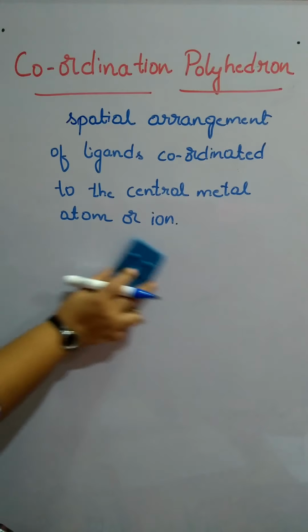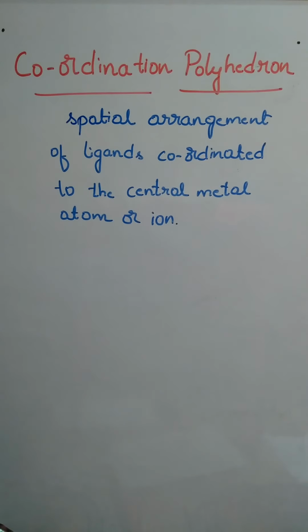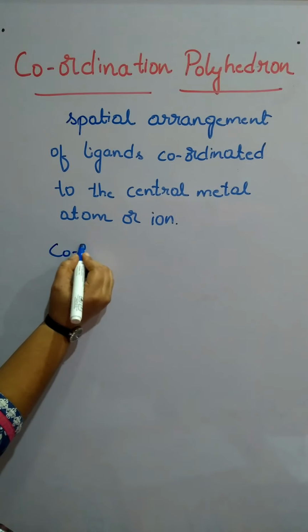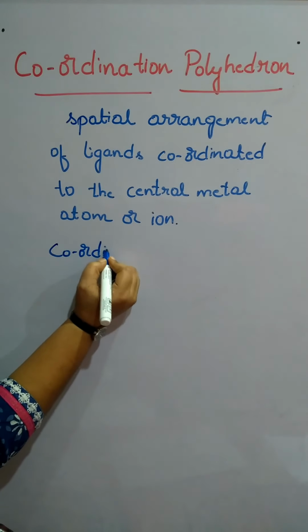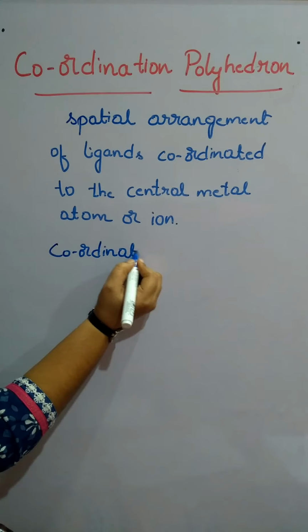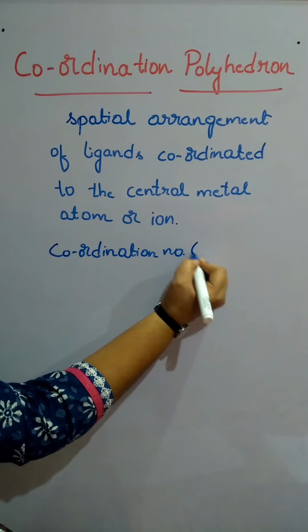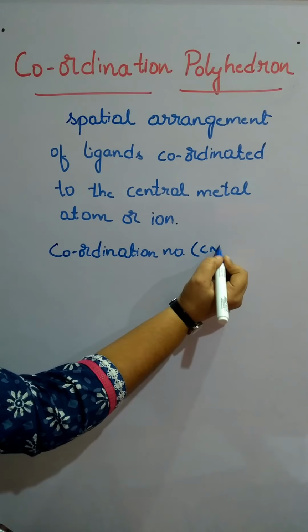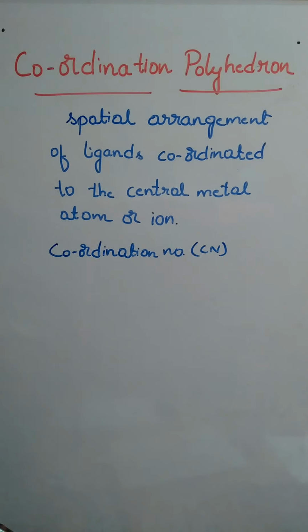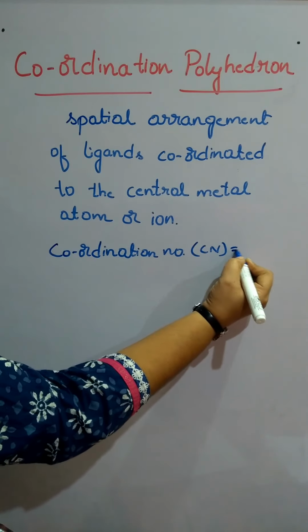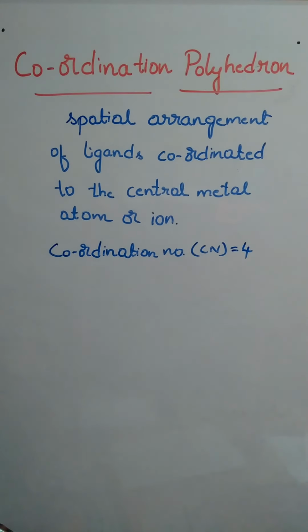So first we'll move on to coordination number 4, that is, 4 coordinate bonds or 4 ligands. Coordination number in short form we write as capital C and capital N. If the coordination number is 4, we shall see how it is arranged.